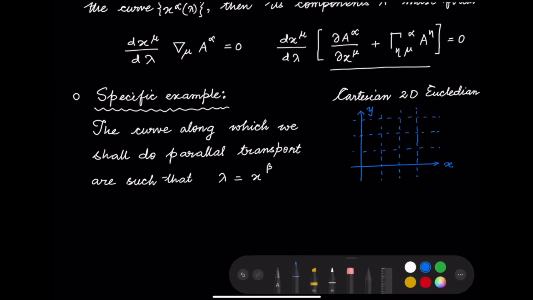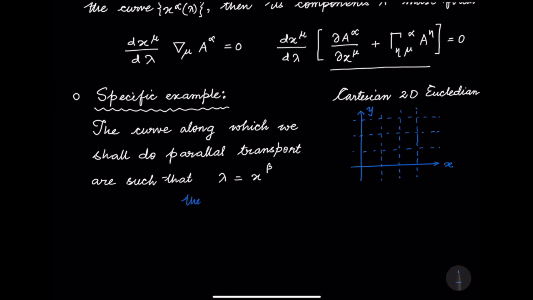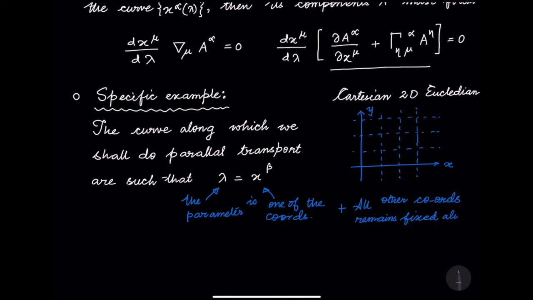So this means the parameter is one of the coordinates and all other coordinates remain fixed along the curve.